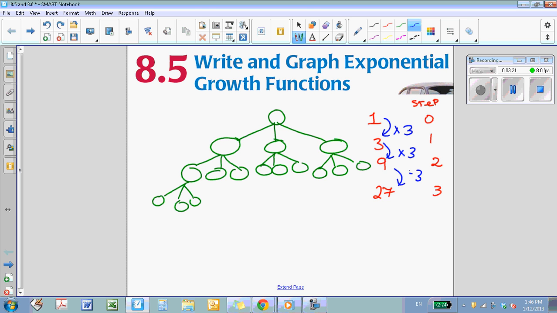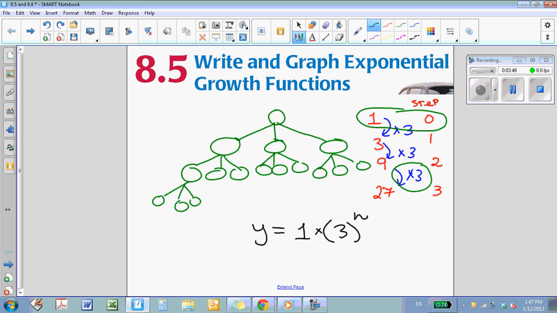The 2 most important numbers in exponential growth are your initial value, so at step 0, what was the initial value, and also, what are you multiplying by? Are you multiplying by 3 or by 2? So in this example, the equation for this exponential function would be y is equal to 1 times 3 to the power of x.